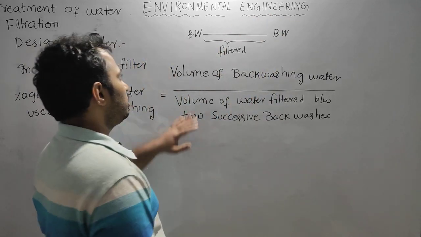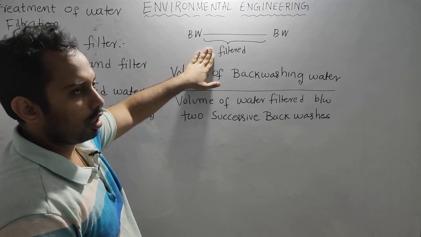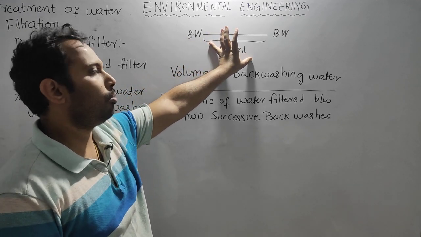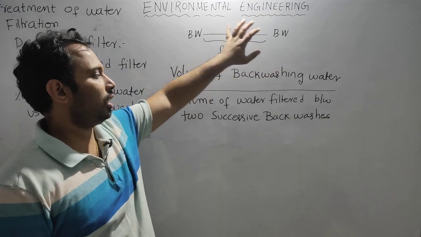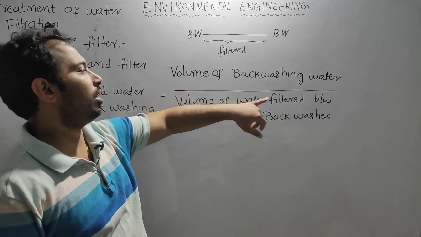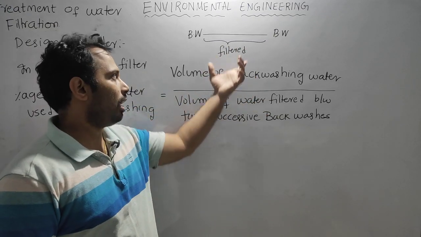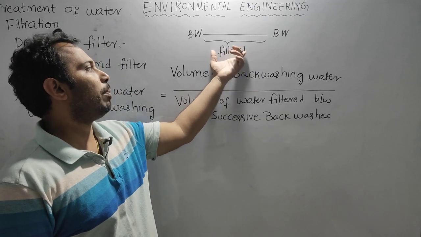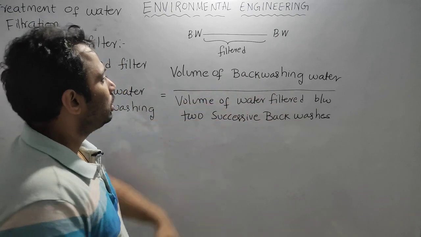Once the backwashing is completed, you start filtering the water again, and this is the total volume of filtered water which will be used for the next backwash. So the volume of water filtered between two successive backwashes is the volume of filtered water available with you. In this, some amount of water you have used for backwashing, that is the volume of backwashing water. This is the ratio he is asking.